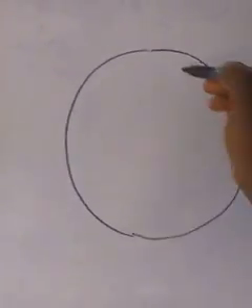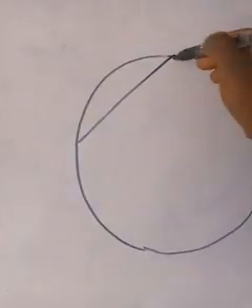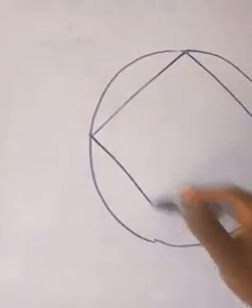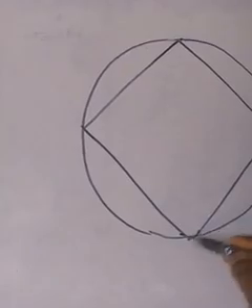How can we prove that? It will be given, we have a circle. Let's have our cyclic quadrilateral in this shape. This is the cyclic quadrilateral.